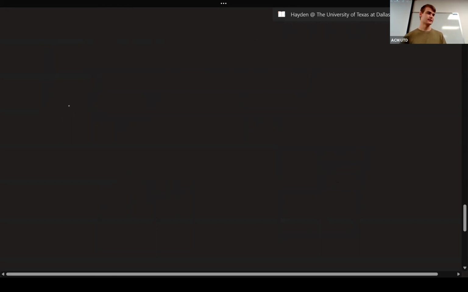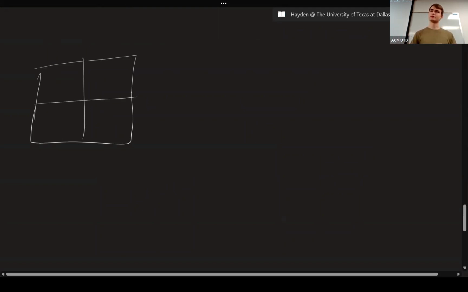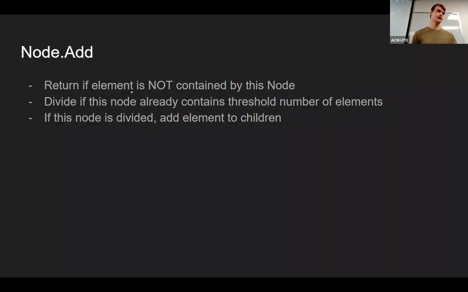Essentially what that says is the most basic description of the node I gave at the very start, where a node either has 4 child nodes or a list of elements. We can see that in this case, if a node is divided, meaning that it has 4 child nodes, then we add the current element we're trying to add to all of those children. We don't add it to ourselves, because we have children, we can't have elements, but our children might be able to have elements, or their children's children, and so on. So that's the recursive call.